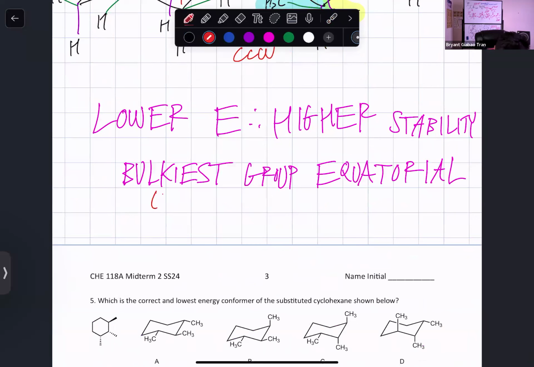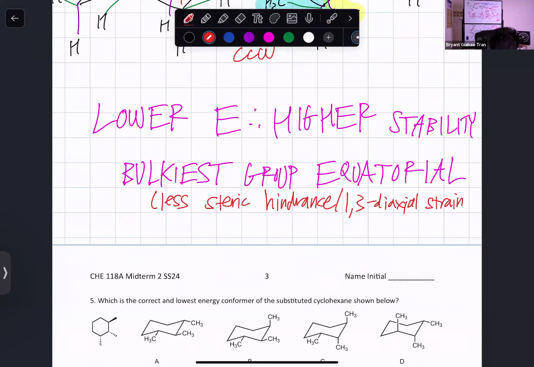And this is because of less steric hindrance, or specifically less 1,3 diaxial strain. Have you guys heard about that term?